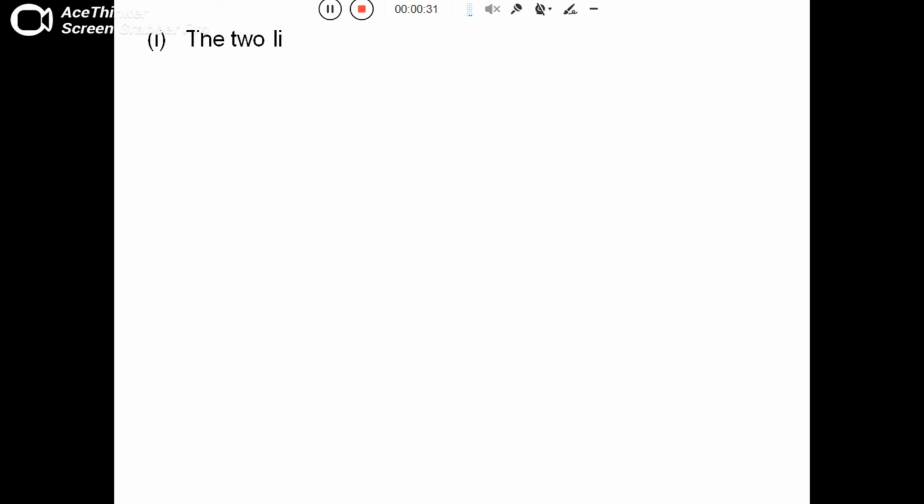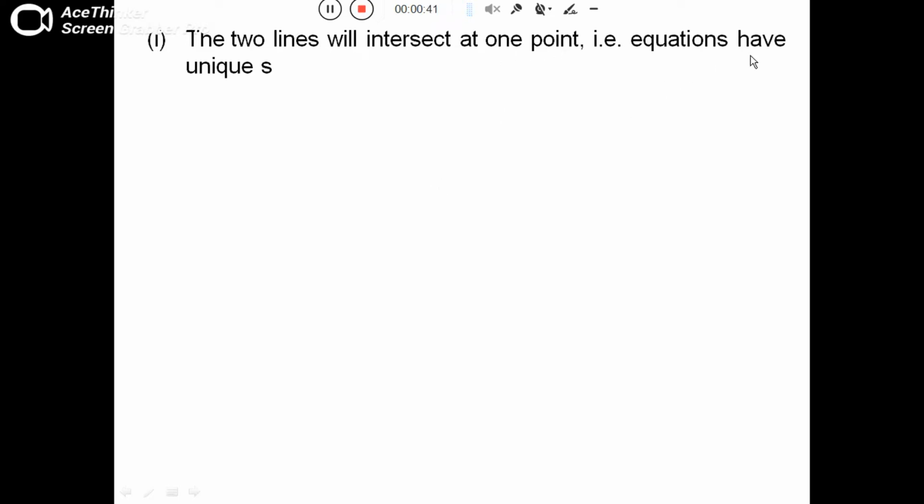The first possibility is that the 2 lines will intersect at one point. It means the equations have a unique solution. When you draw both the lines graphically, they will intersect at one point, and this one point is called the unique solution.